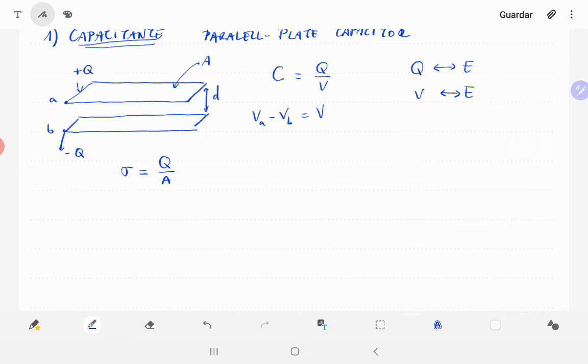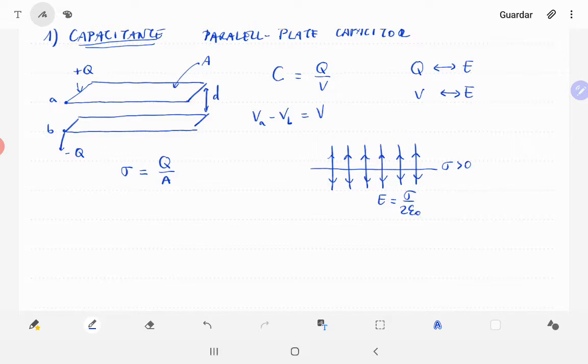So if we take an infinite plane with surface charge density sigma, and this is positive, we know that it establishes across space an electric field that is parallel, going out of the plane, and the electric field is constant and is just sigma divided by 2 epsilon sub 0.